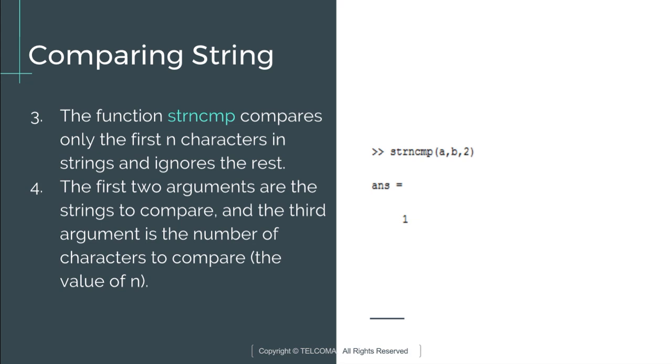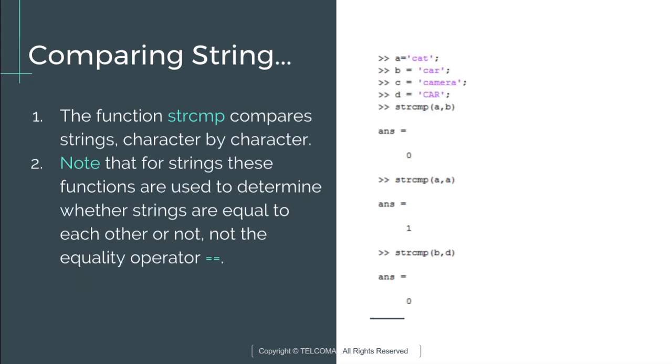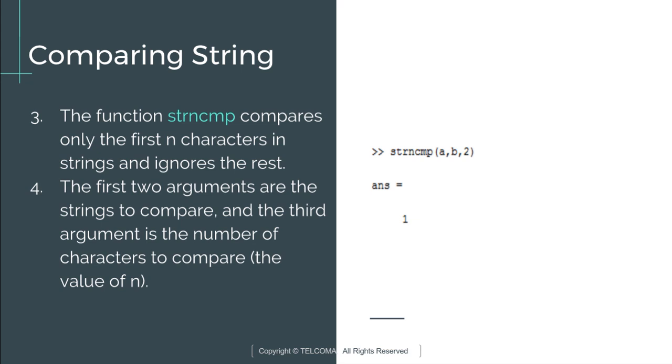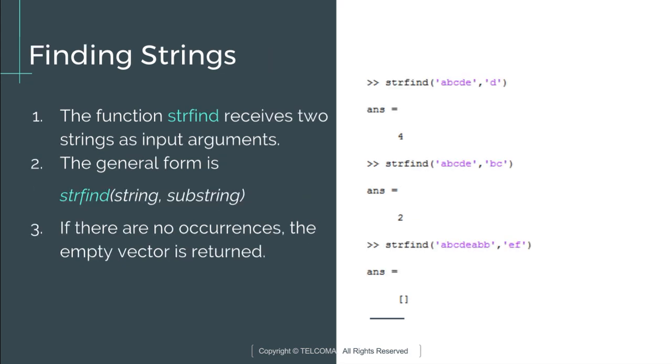The first two arguments are the strings to compare, and the third argument is the number of characters to compare. Like, I have written strncmp(a, b, 2). Like, I have written the variables a as cat and b as car, and I am going to compare only the first two characters of the strings a and b. So the answer comes out to be a equals 1.